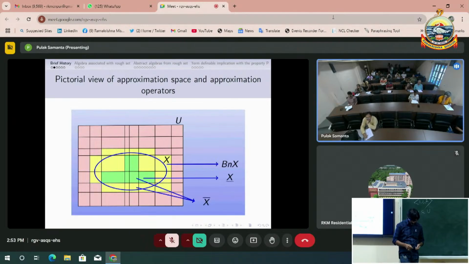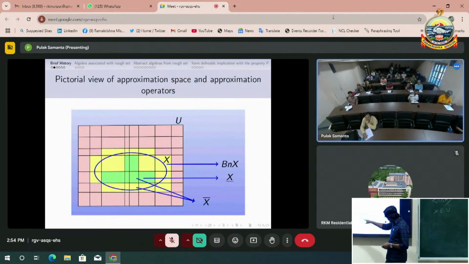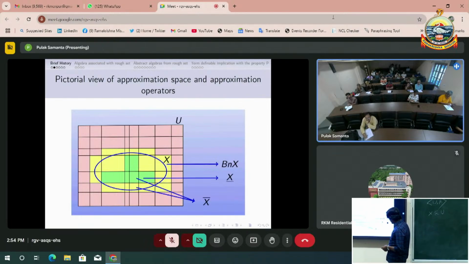Loosely speaking, the lower approximation is the maximum number of classes, highlighted by these green blocks, entirely contained within X. And what about X upper?